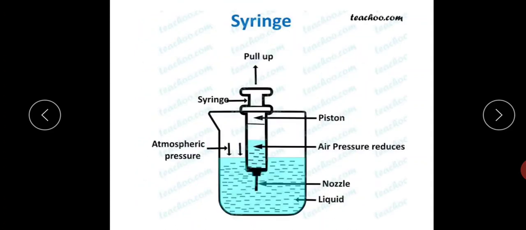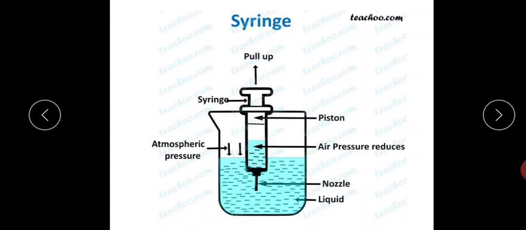One more example. In the syringe, whenever you pull it, first it will be empty, and it will have air particles. When you pull it, the air pressure gets reduced, and what happens? The syringe is filled with the liquid.